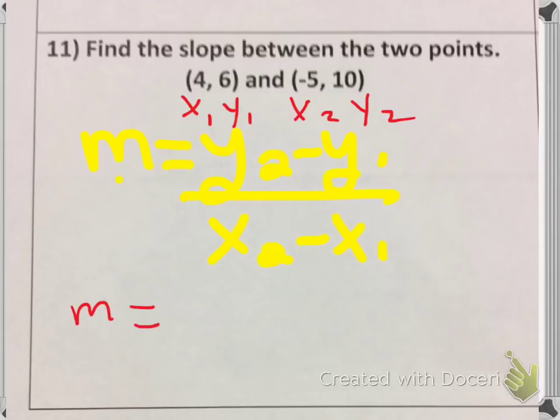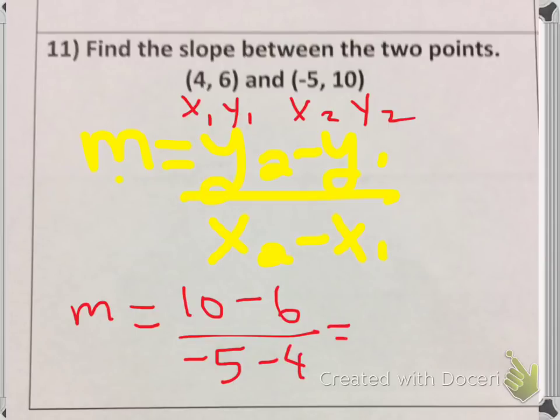So y2 would be 10 minus y1, which is 6. x2 is -5, and x1 is 4. Then I just simply do the math and reduce the fraction. 10 minus 6 is 4. -5 minus 4 is a -9. So that doesn't actually reduce.